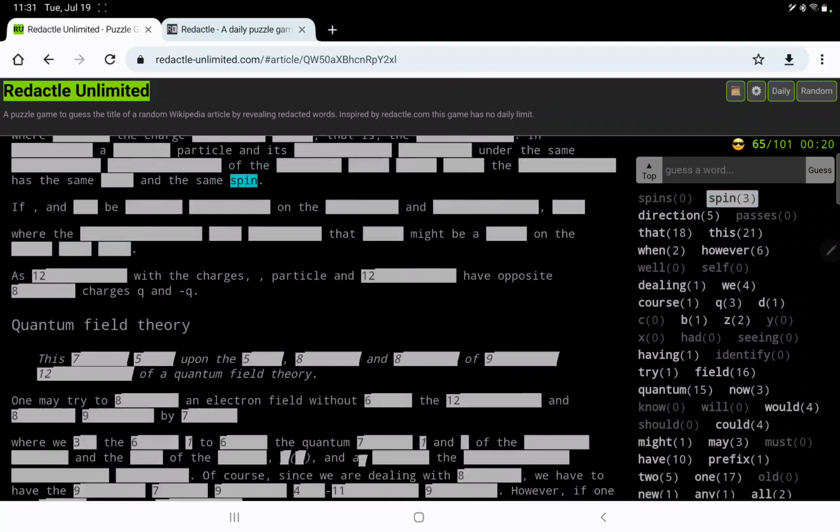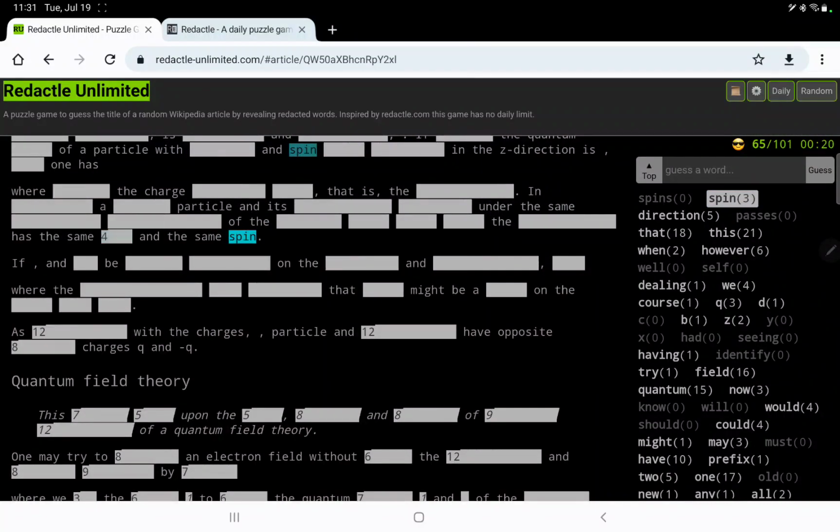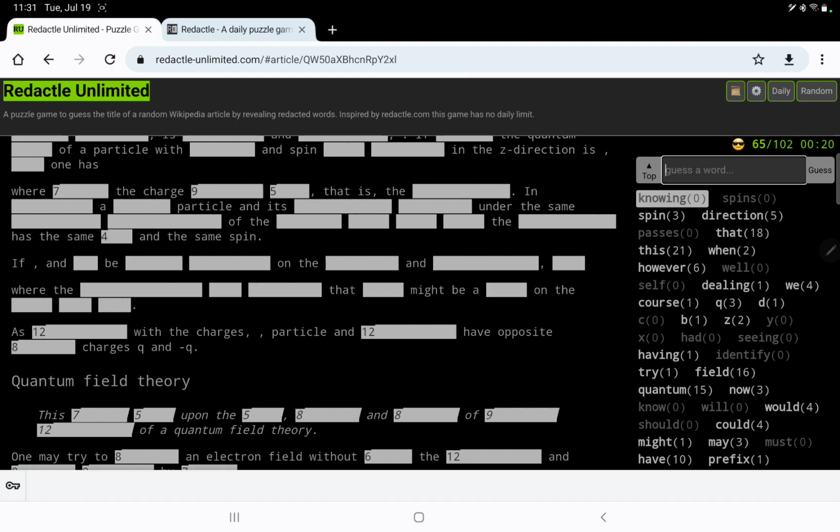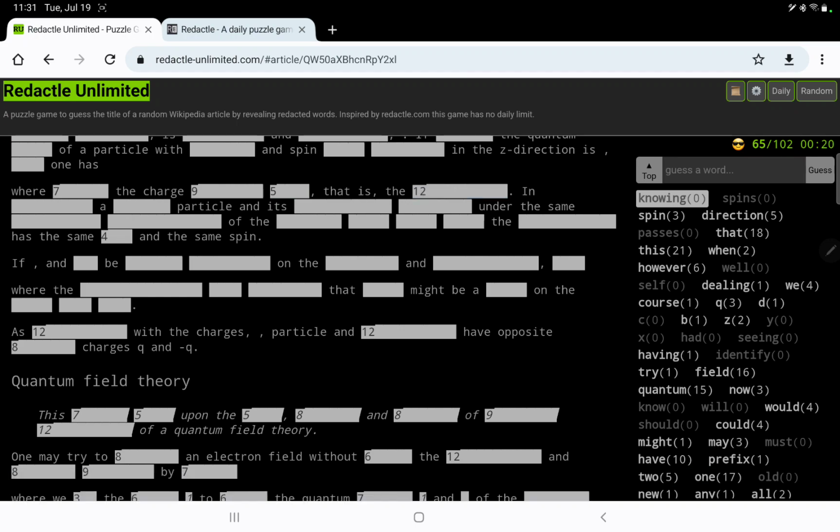No spins, but we do have, okay, has the same something, where something, the charge, maybe knowing the charge, no, that is the 12, in 10, a 7 particle, and it's 12.9 under the same 1114 of the 855.